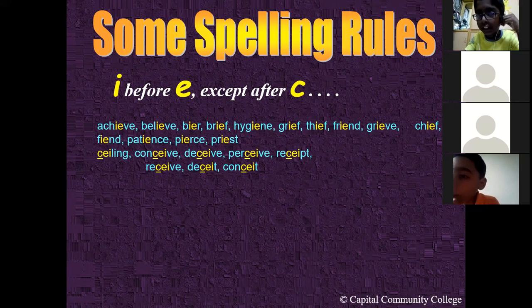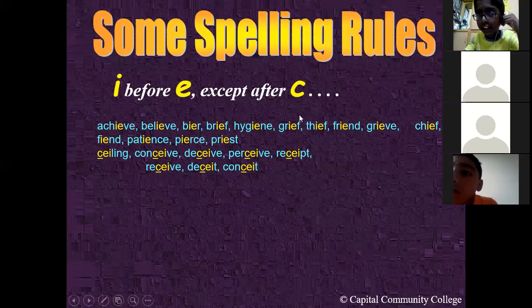So while you are writing the words, you need to place letter I before E. Okay. So while writing any word, you need to place letter I before E. If there is C in that word, you need to change the order.